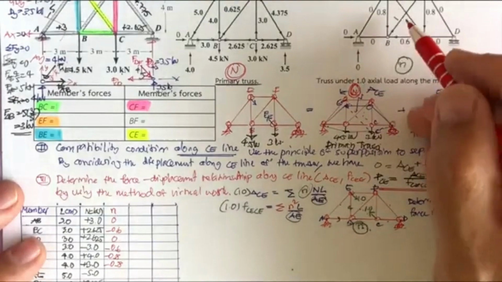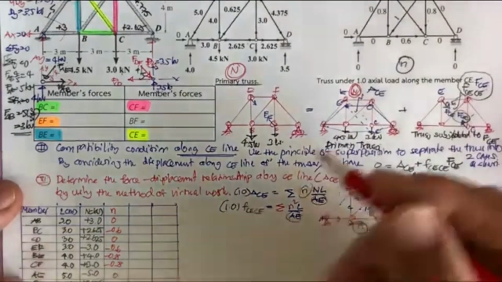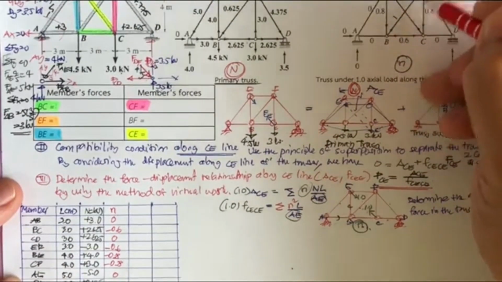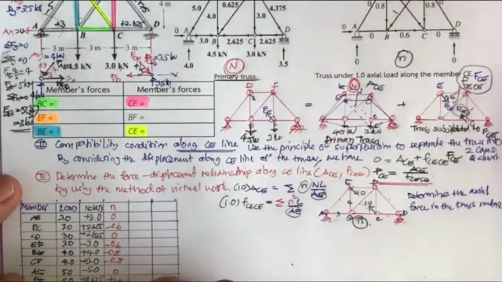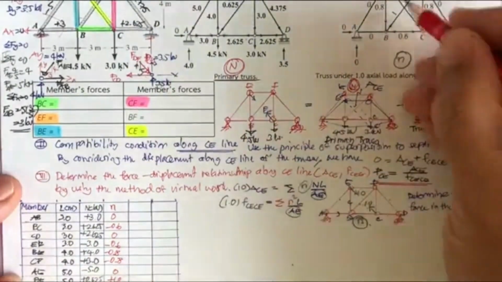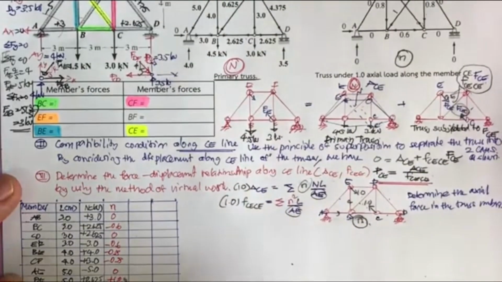And you take the order: AE is 0. BF is this one, which is in tension, plus 1.0. CE, for sure, is plus 1.0, because this is the applied force of 1.0 here. And the last one is going to be 0.